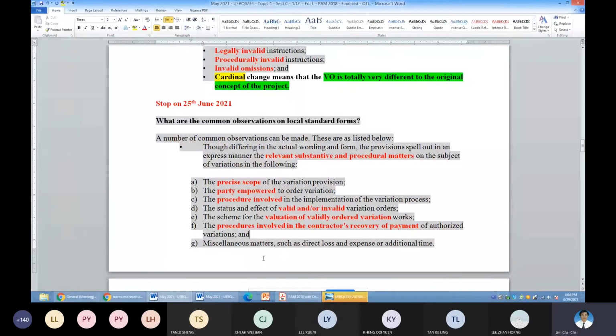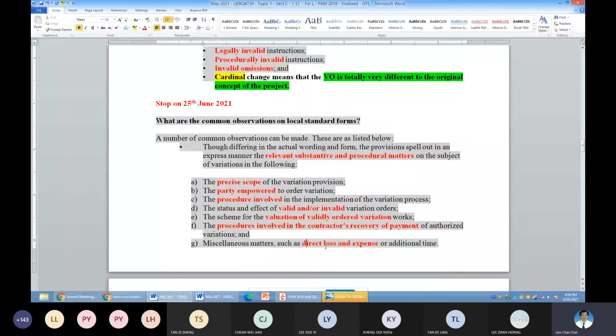So sometimes the VO issued may not cover certain costs. So these are the additional costs that you may want to claim. So you need to support it under which section of the contract.